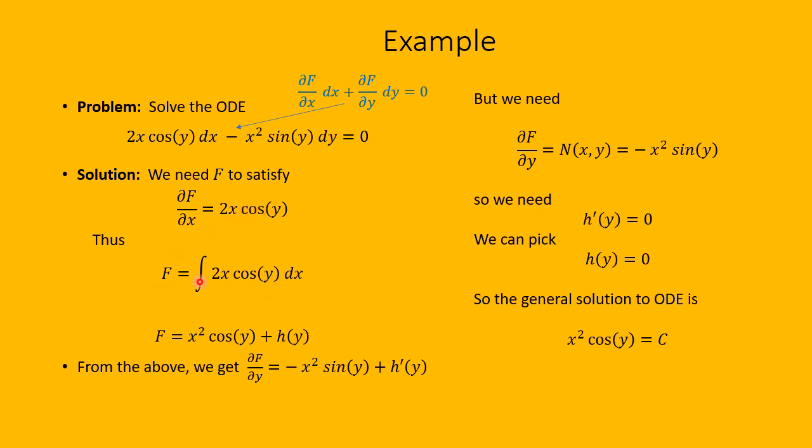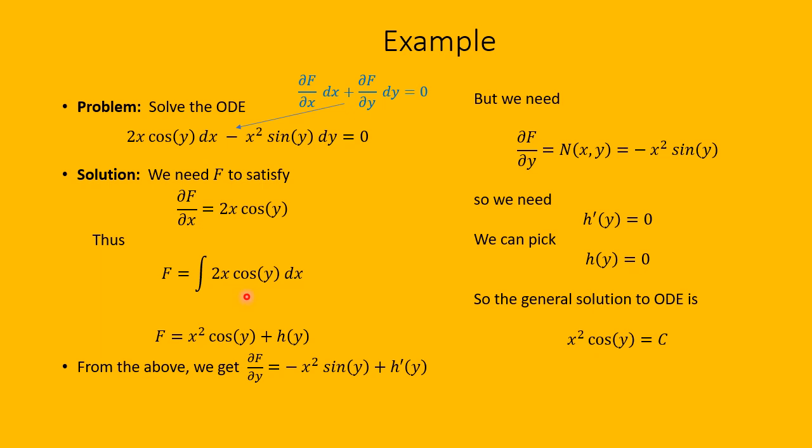Integrate both sides with respect to x. On the left-hand side, the integral of this with respect to x is just f. On the other side, we just have the integral of that stuff dx. When we integrate this, we're doing what we can think of as partial integration, where we're treating y like a constant.